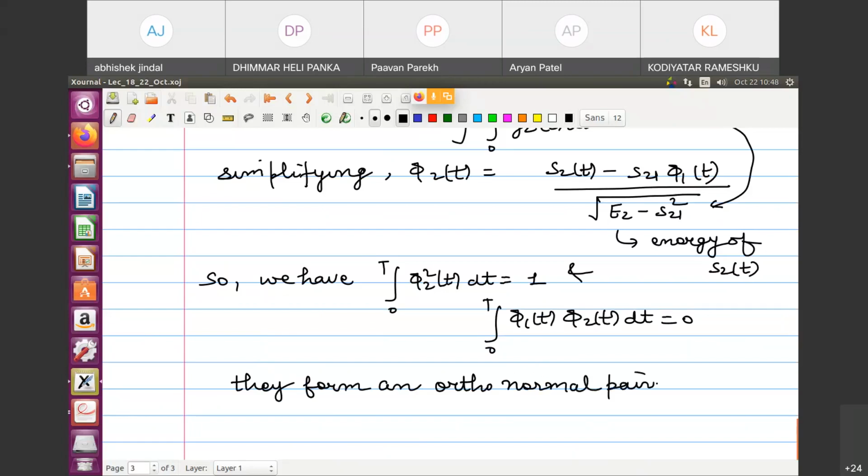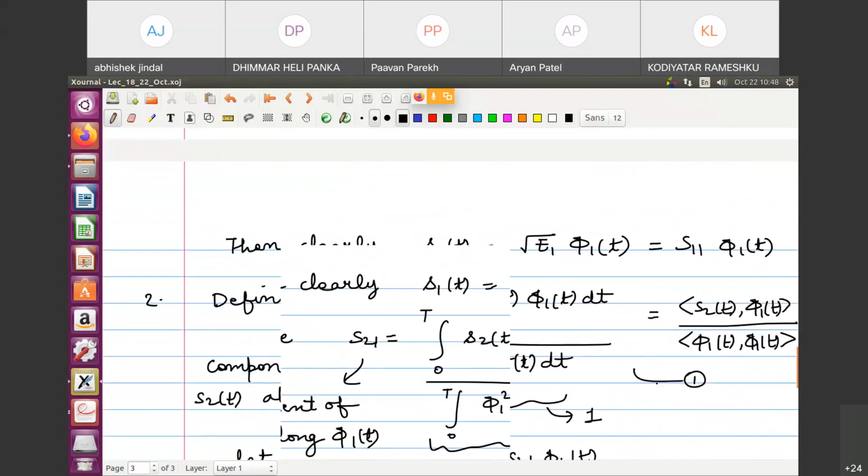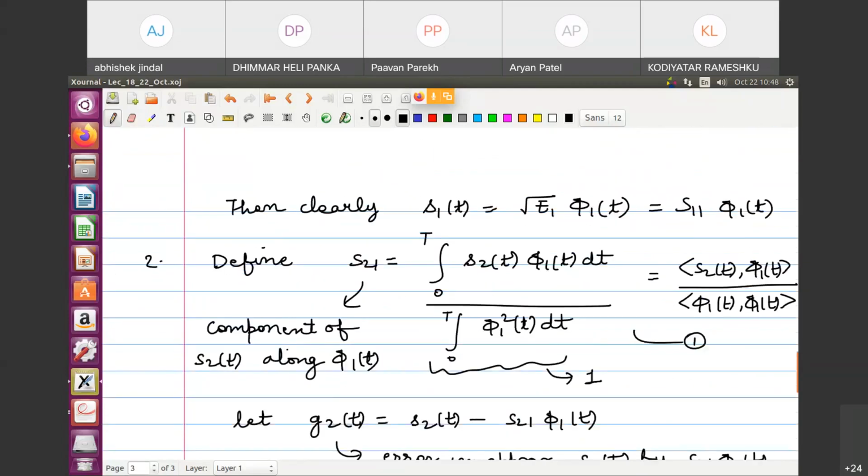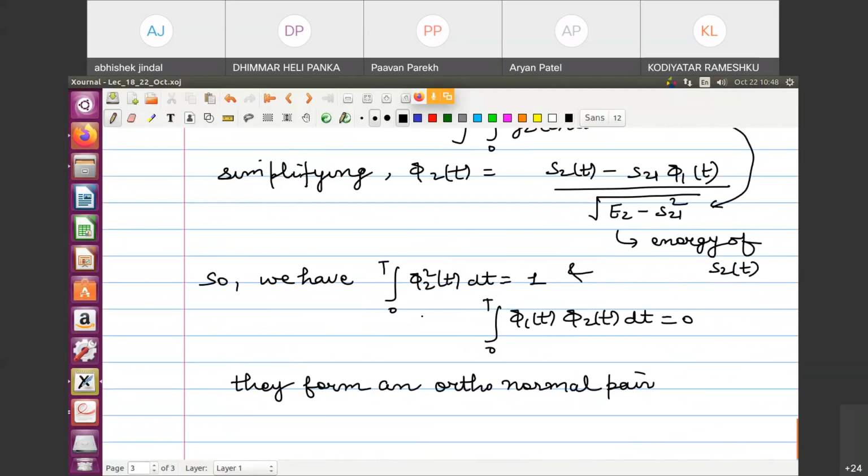So what we have done is that we have obtained two functions, and that too from the set itself. The given set was S1 to SM, S1(t), S2(t), SM(t), and from this set itself we have created two functions which are orthonormal to each other.